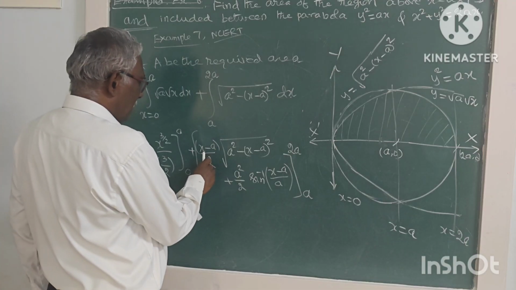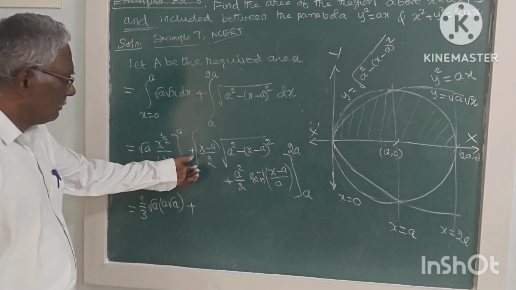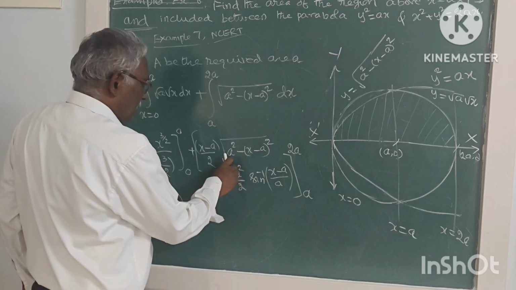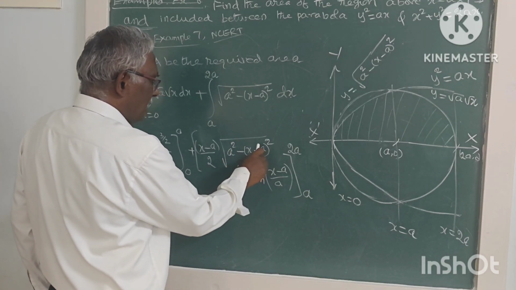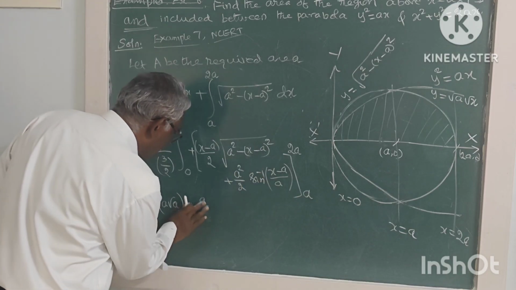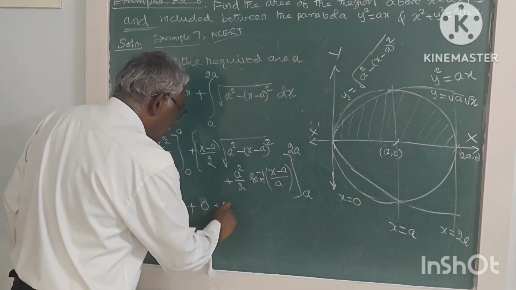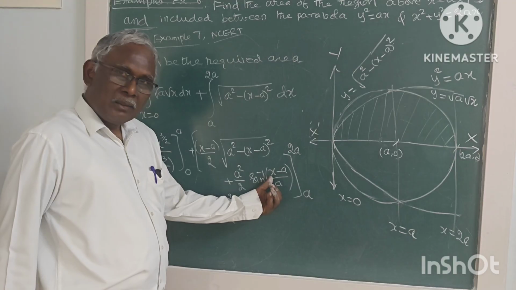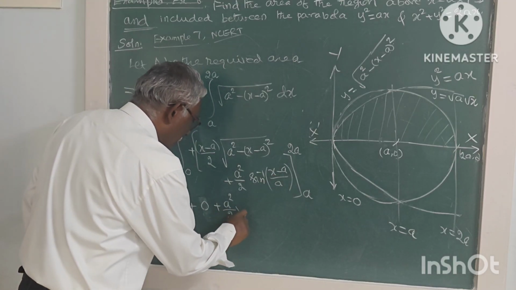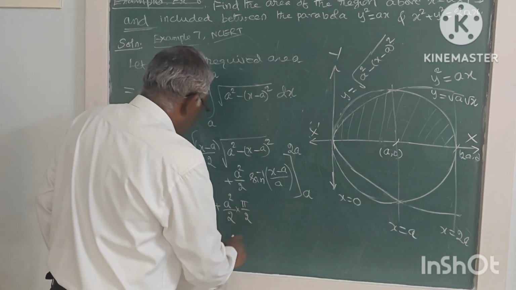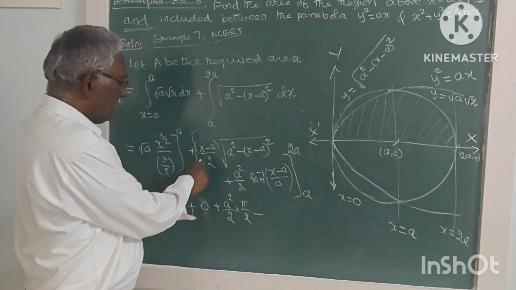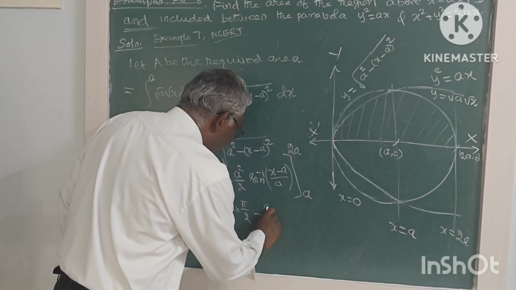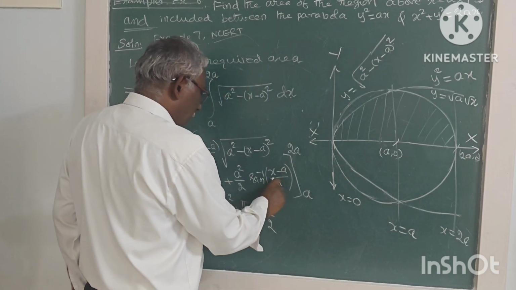Plus, if you substitute x is 2a, (2a minus a) by 2, a by 2 square root of a square minus (2a minus a) square, a square minus a square becomes 0, so this will become 0, plus a square by 2 sin inverse of (2a minus a) by a, sin inverse 1, that is pi by 2, minus we put x is a, lower limit, this will become 0, then minus a square by 2, x is a means this will become again 0.